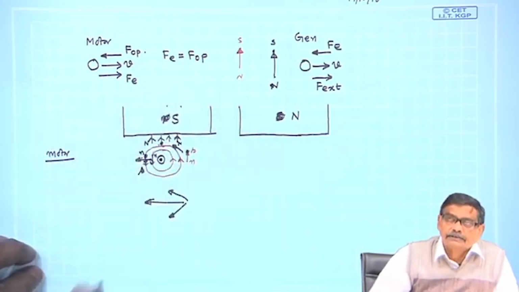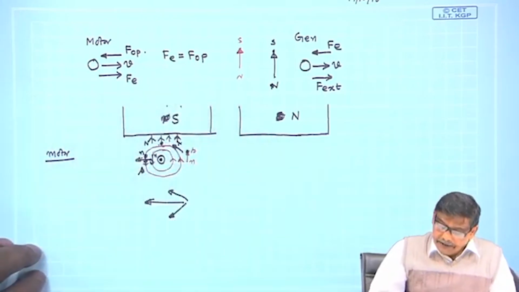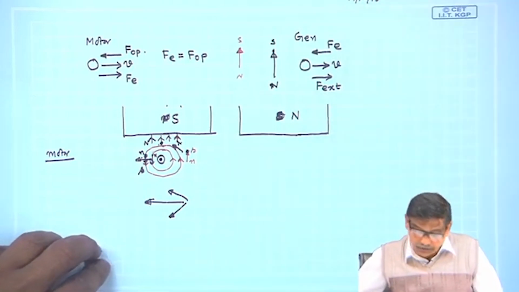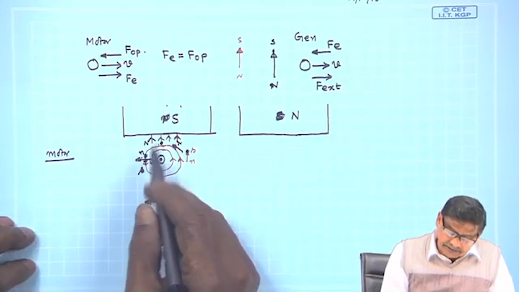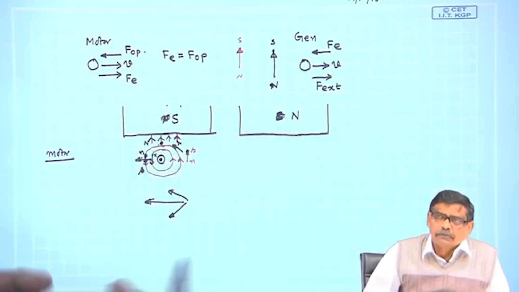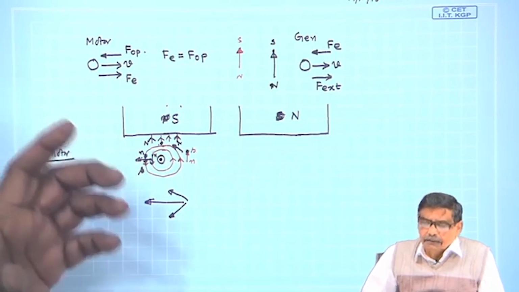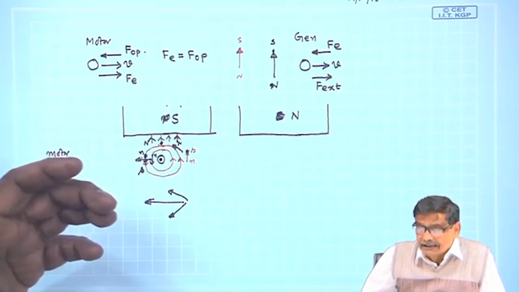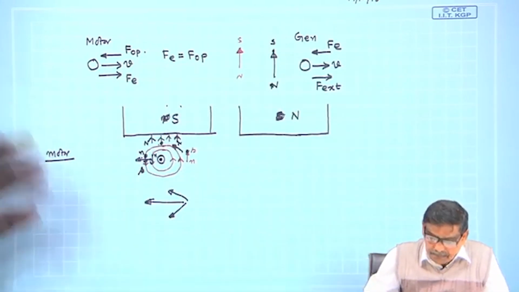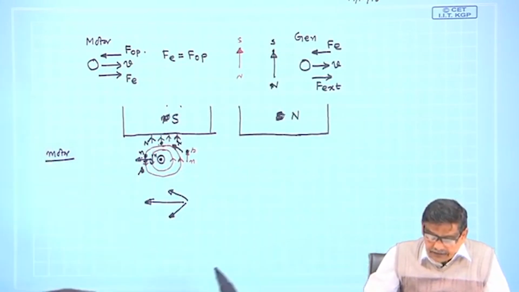With this simple argument, you can easily see indeed the conductor will try to move from right to left in this particular case. Okay. In my last class, I also told you that this type of single conductor generator is not very practical. You get very little voltage. Perhaps you can connect another coil, connect them appropriately in series, and get twice the voltage.